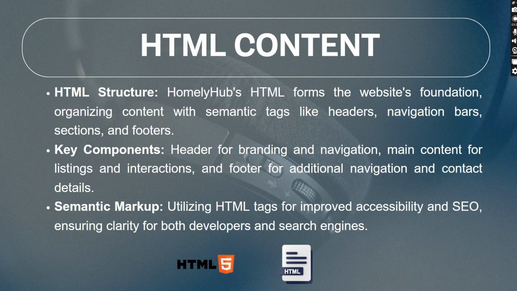Next, let's talk about some of the key points of HTML. First of all, the header part. The header part is for branding, where we can insert the logo of our web page, then the navigation also. After the header portion, our main component is there, in which we are going to see the listing of properties.